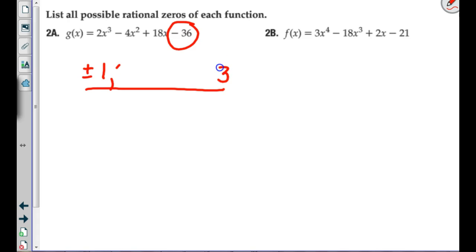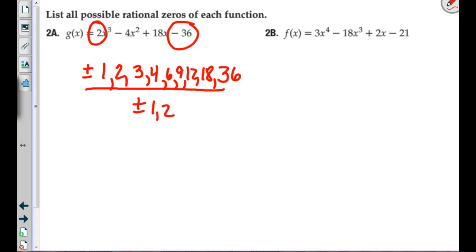We can list them that way if you want. 2 and... Okay, and on the bottom go all the factors of the leading coefficient. What are the only factors of 2? You do not get credit if you write that on the quiz. You have to write out what that means. All of those top numbers put over 1 would be this.